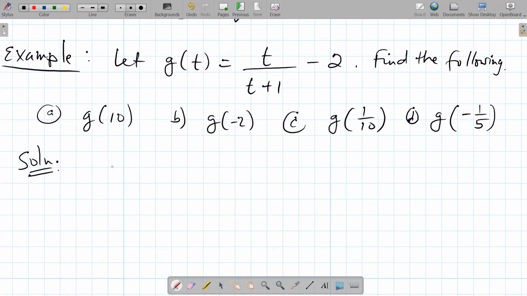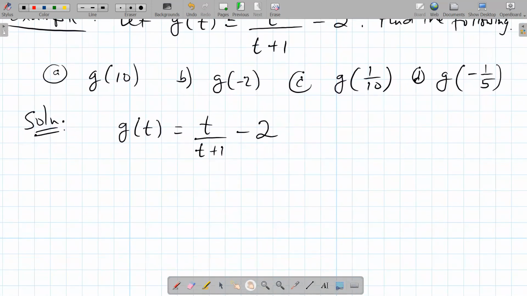Okay, so what I know is my function is g of t equal t over t plus 1 minus 2. If I'm looking for the first one, g of 10 means that I'm evaluating the function where t equals 10. So the input, which is t, is now being replaced with 10.